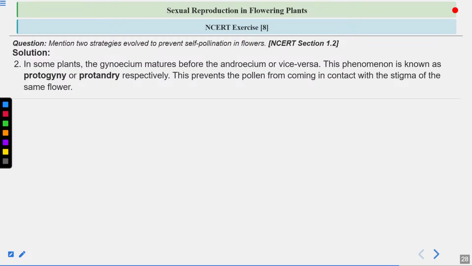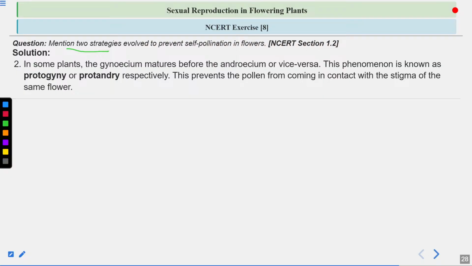Second point, you have to tell the two strategies. One strategy was self-incompatibility. Now let us see the second strategy. In some plants, the gynoecium matures before the androecium, or vice versa.